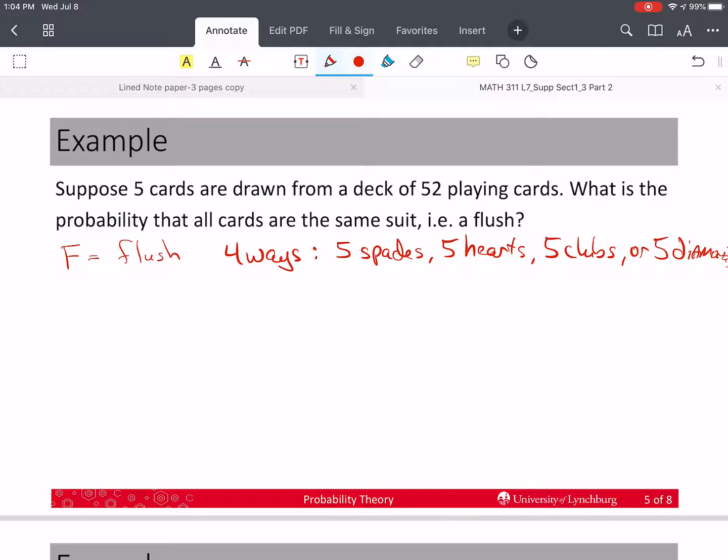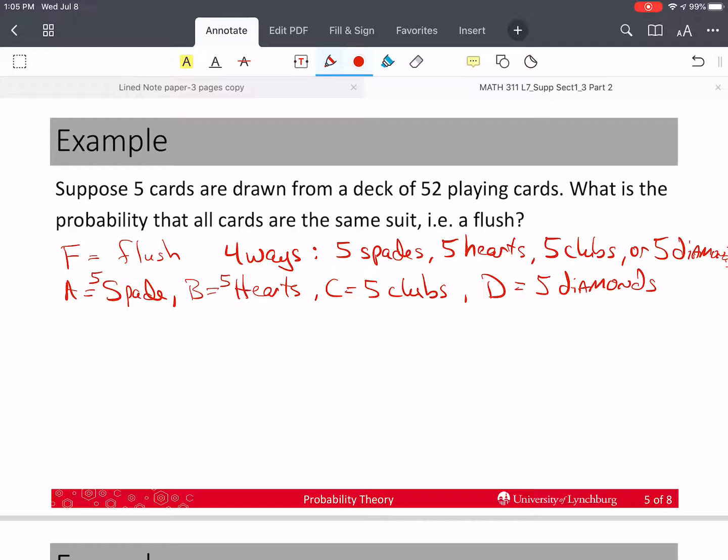Okay, so I'm going to let A equal 5 spades. We don't want to let S be spades because S is our sample space with this book. We'll let B equal 5 hearts, C equals 5 clubs, and D equals 5 diamonds.